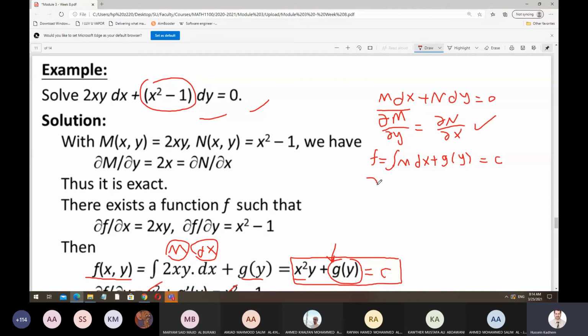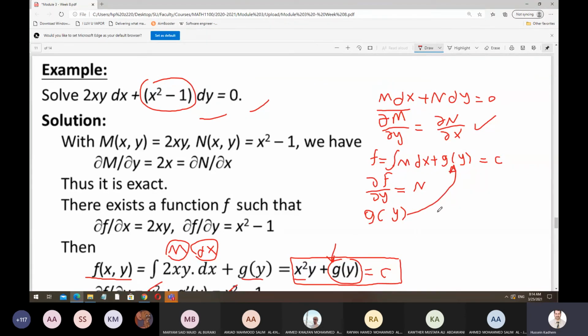And the second step, I differentiate f with respect to y now, and equate the result to N. Next, I integrate to find g of y. Okay, I'm back to substitute it here.